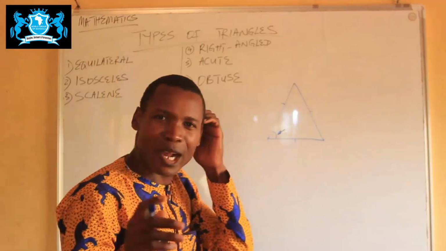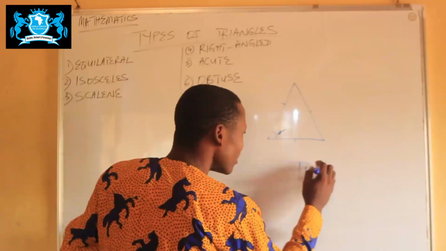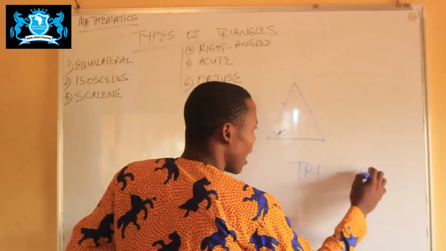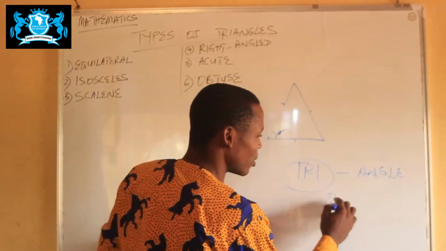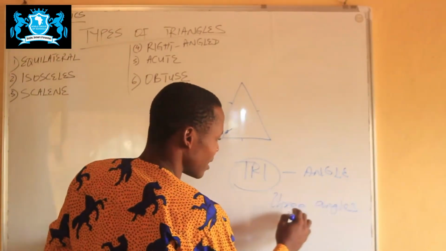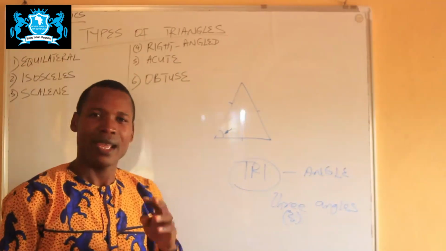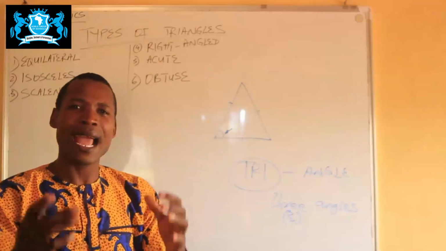So, why is it called a triangle? It is called a triangle because it has 3 angles. Any shape that has 3 angles, we call it a triangle.